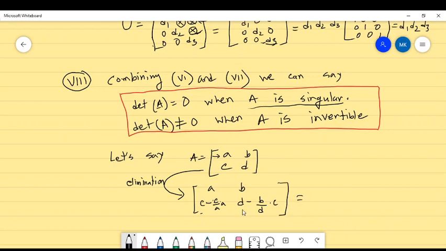So this will have 0 in this case, and the overall effect will be a, b, 0. Then I think I made a mistake here.